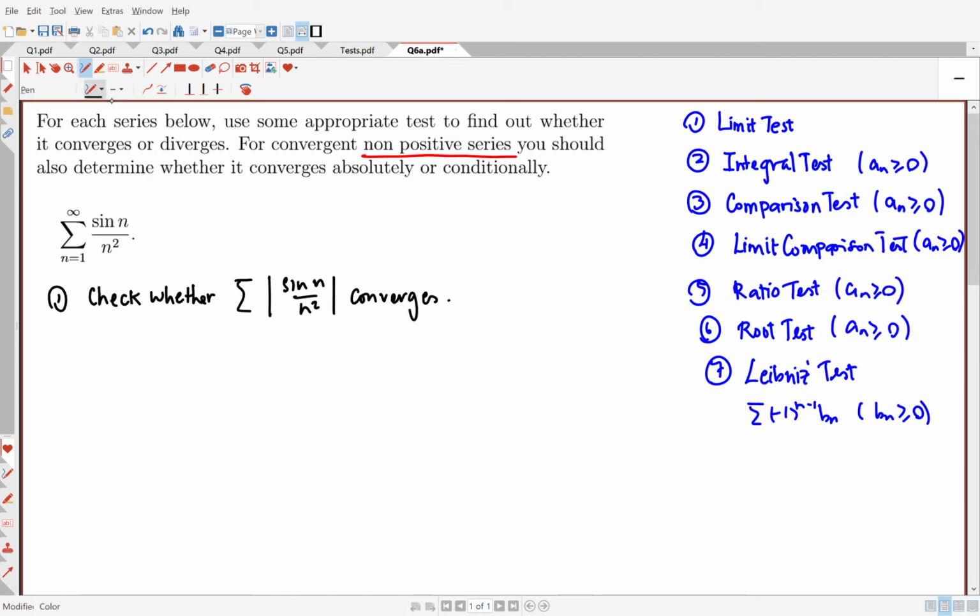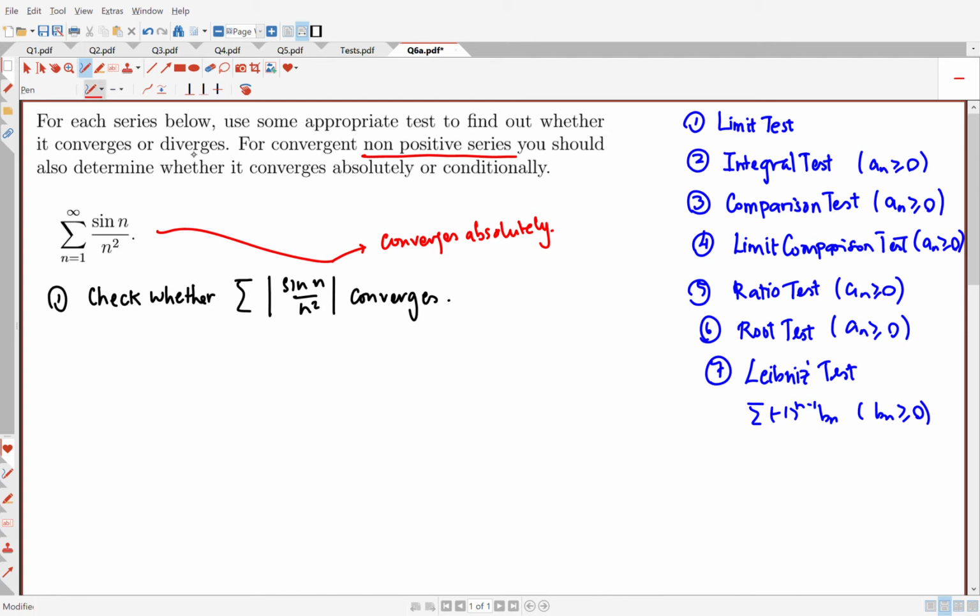Because if this converges, it means it converges absolutely, and we just need to stop.